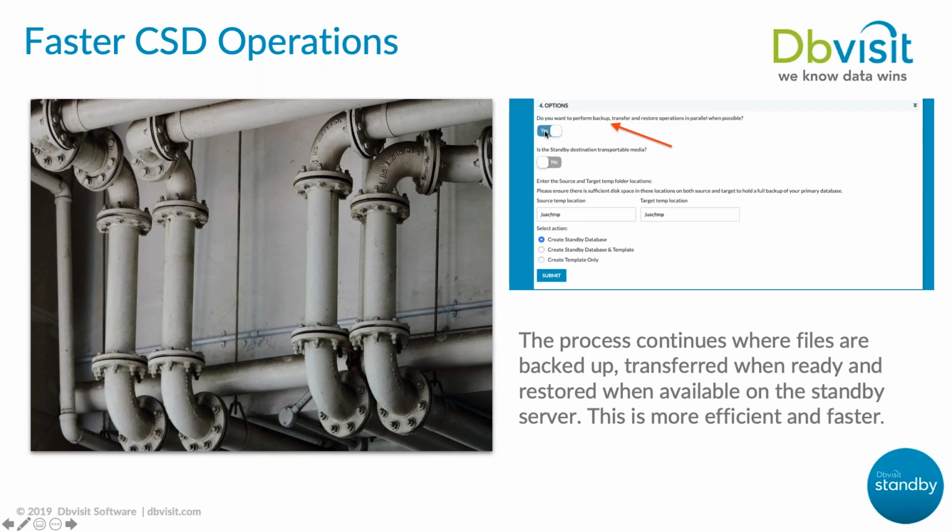So file 1 to 100, all those RMAN backups of those files will first complete. Then all those files will all be transferred. And then once all of them are transferred and it is on standby, then only the restore will continue. Okay, so you still have that option.